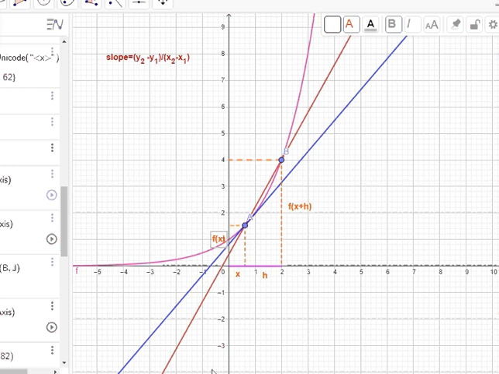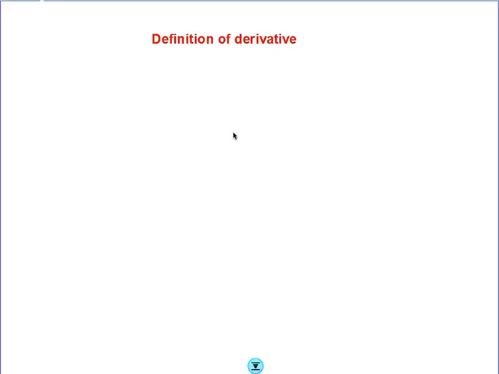So the slope is equal to, I will write it here, so I'm finding the slope of the secant line AB.